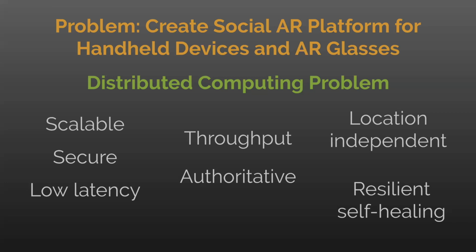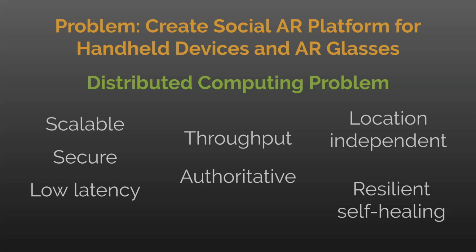One of the things that we want is obviously something that's very scalable. It also has to be secure, if we're doing transactions and things. And in an AR type environment, we need very low latency. It has to be able to handle tremendous number of messages per second.